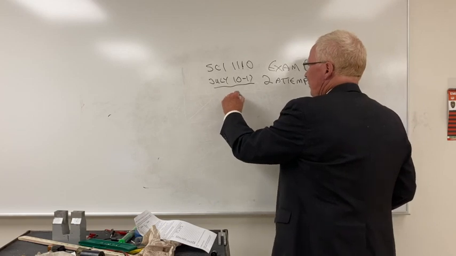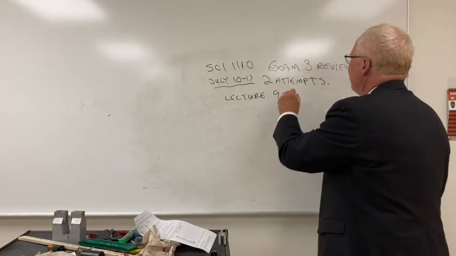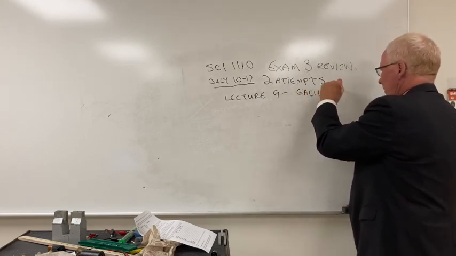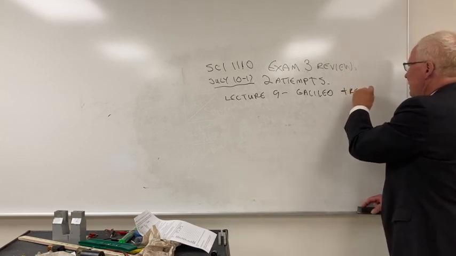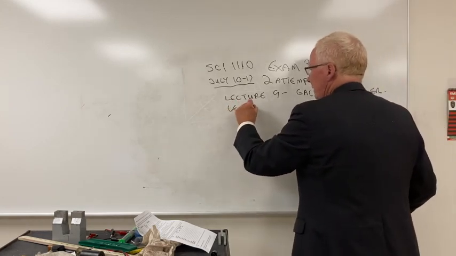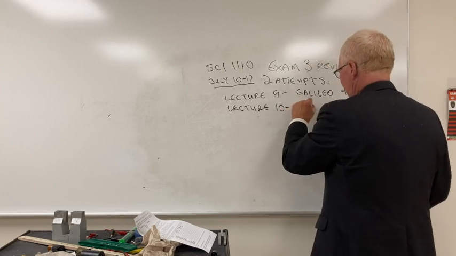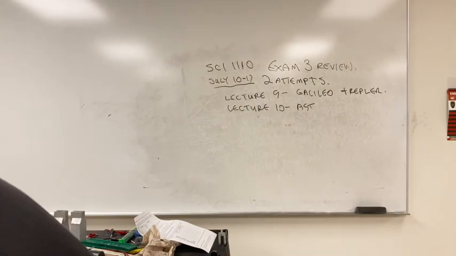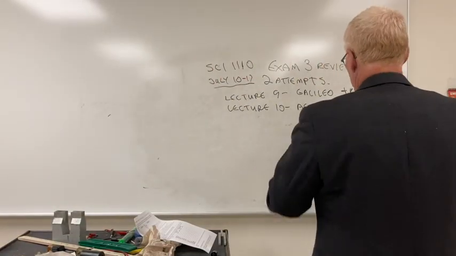Lecture 9, if you look at the handouts, is on Galileo and Kepler. We did most of Galileo in the last exam, but we're dealing with Kepler's laws. Lecture 10, asteroids and comets.